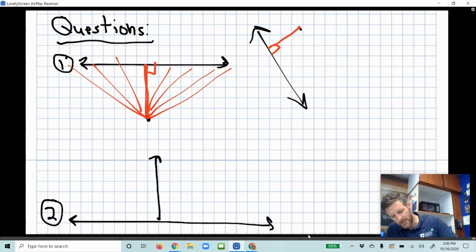Okay, so we should put that into writing. A perpendicular line will be the shortest distance.